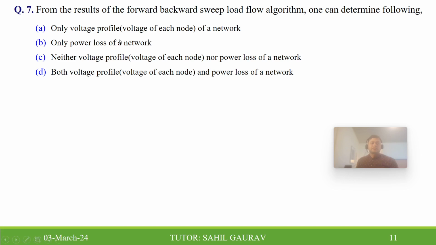From the results of the forward backward sweep load flow algorithm, one can determine the following. Options are: only voltage profile of a network, only power loss of a network, C neither voltage profile nor power loss of a network, and D both voltage profile and power loss of a network.